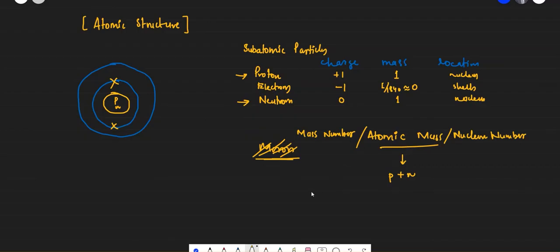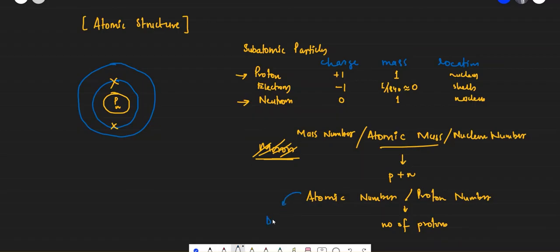There's another thing that you should be familiar with, that is called atomic number. Atomic number is also known as proton number. Why? Because atomic number is actually the number of protons. It is extremely important. Why? Because it actually tells you about the identity of an element.